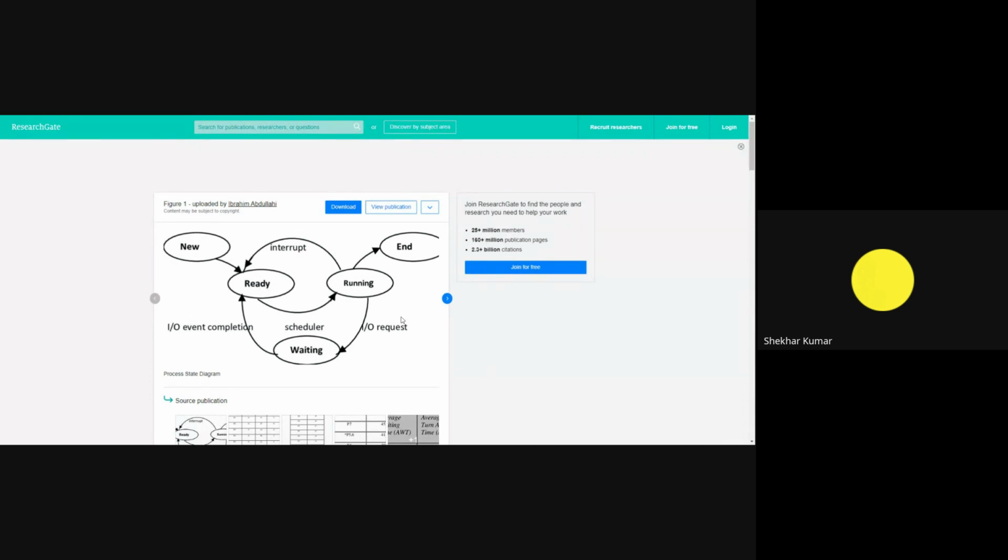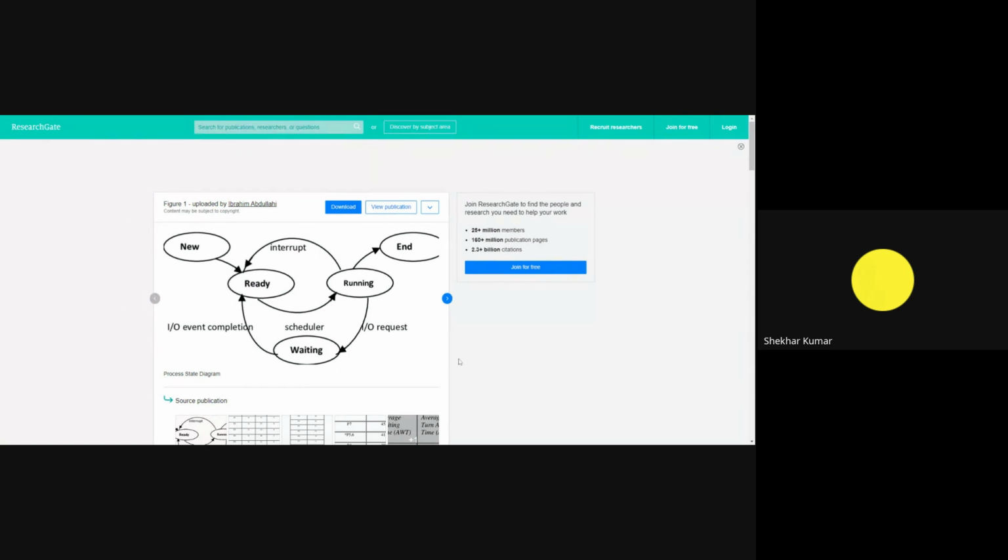Running state is the part where the process, where the instruction is executing. If there is any interrupt in the running state, then that process will again move to its ready state, and here it will also wait for its time for execution. That is a complete execution cycle.